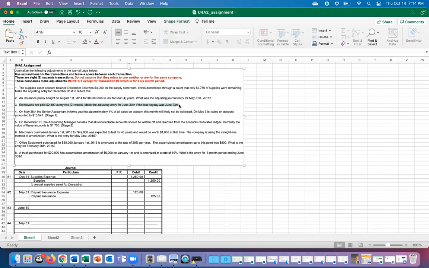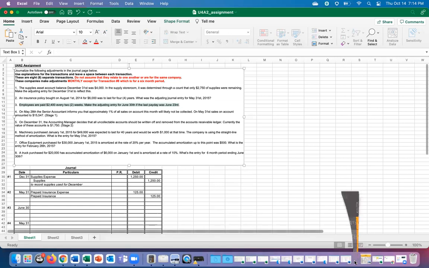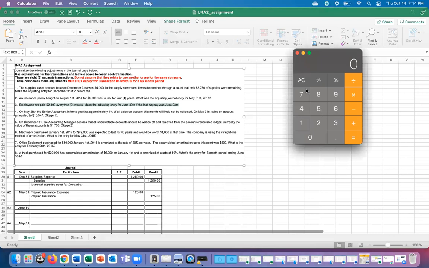So luckily that's pretty easy math. I probably don't need the calculator, but I'll bust it out anyway. 2,400 divided by 2 equals 1,200. So the employees at this business are paid $1,200 every week.